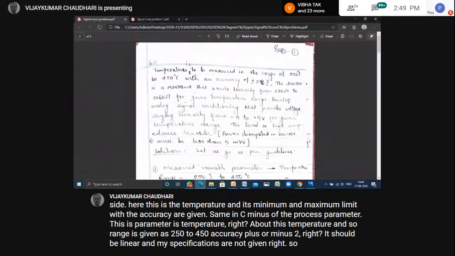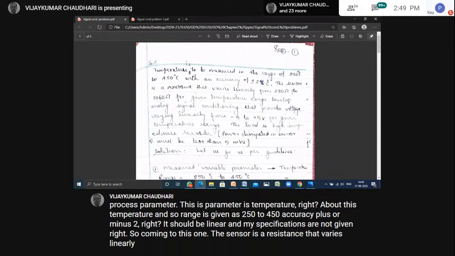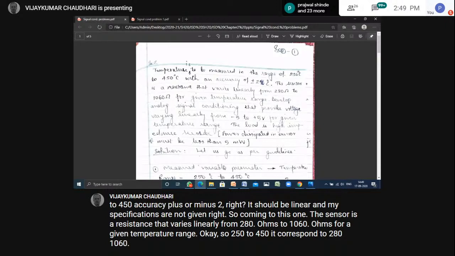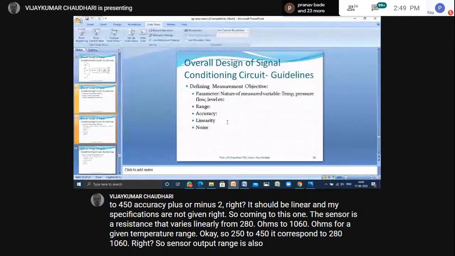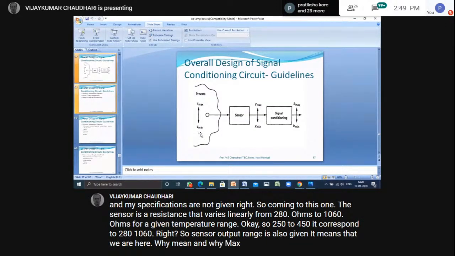The sensor is a resistance that varies linearly from 280 ohms to 1060 ohms for a given temperature range. So 250 to 450 corresponds to 280 to 1060. The sensor output range is also given, so Y min and Y max are given, along with C min and C max.